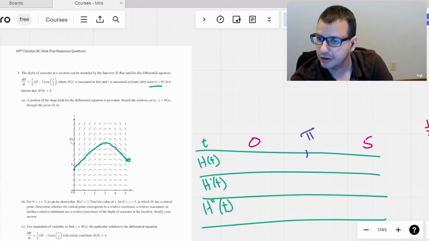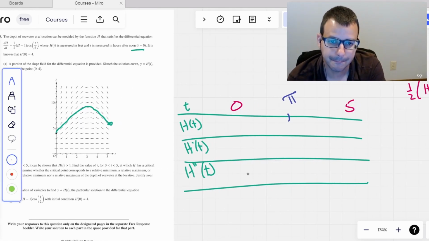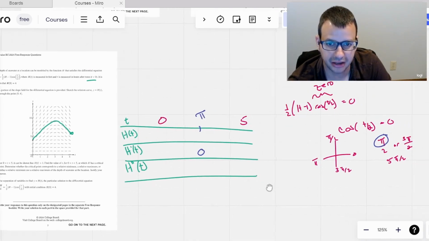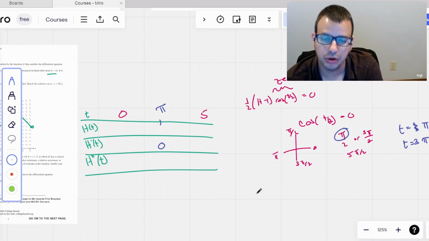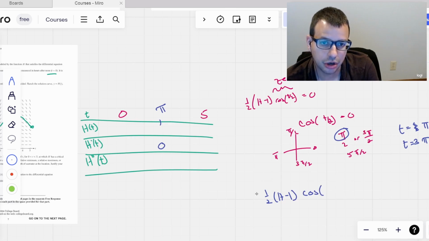Alright, so then find the critical point. So this is going to equal 0. And so what I'm going to do then is plug in 0 and 5. If we have 1/2 h minus 1, we know that's positive because they tell us.